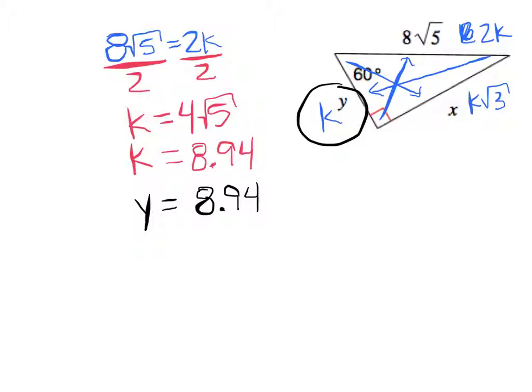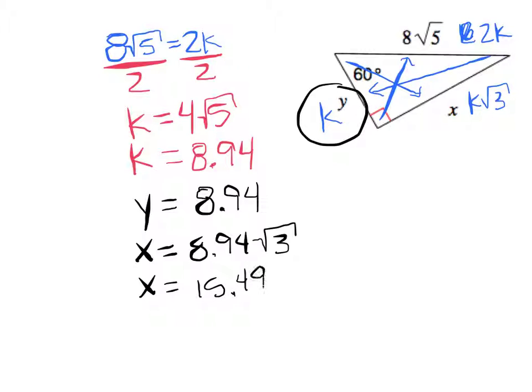The side x is 8.94 times the square root of 3. And if we're going to use decimals, we might as well go all the way and multiply that by the square root of 3. And we end up with x being approximately 15.49.